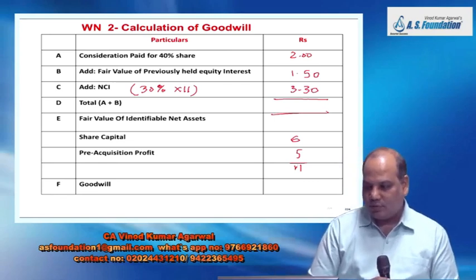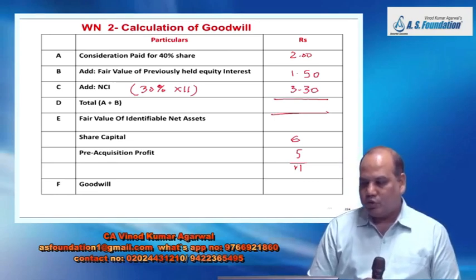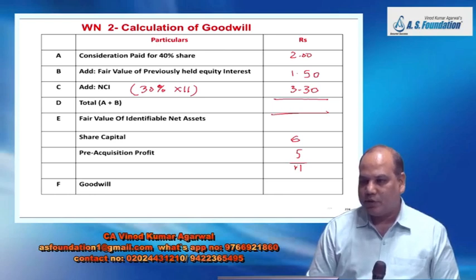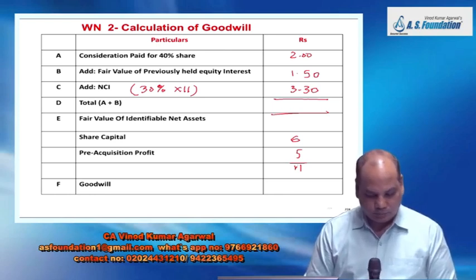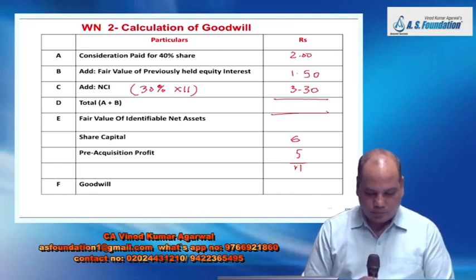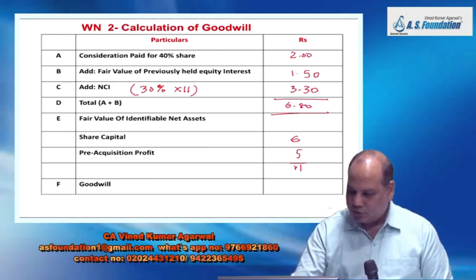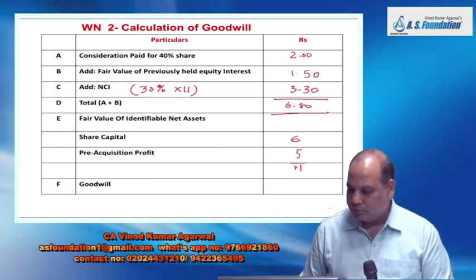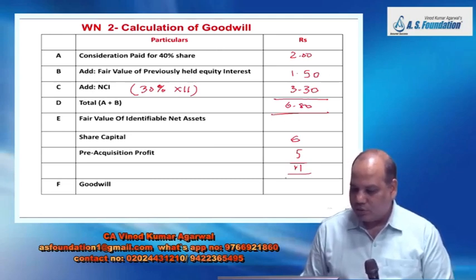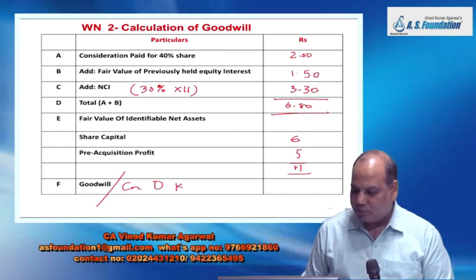Total of these three numbers, 2 plus 1.5 plus 3.3, is how much? 6.8. And this total is 11. Oh, this time we have gain on bargain purchase. So GOBP.